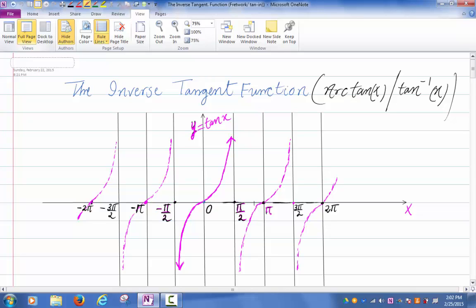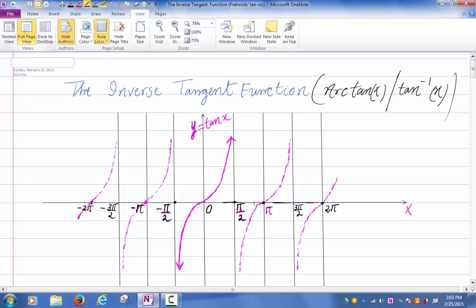The second notation is the more confusing notation, because when you see that -1 in the exponent, you think that it is 1 divided by tangent, right? But it's not 1 divided by tangent, okay? Everybody please remember that. Tangent to the -1 of x is not 1 divided by tangent. It is the inverse of the tangent function, and I'm going to describe what that is in a second.